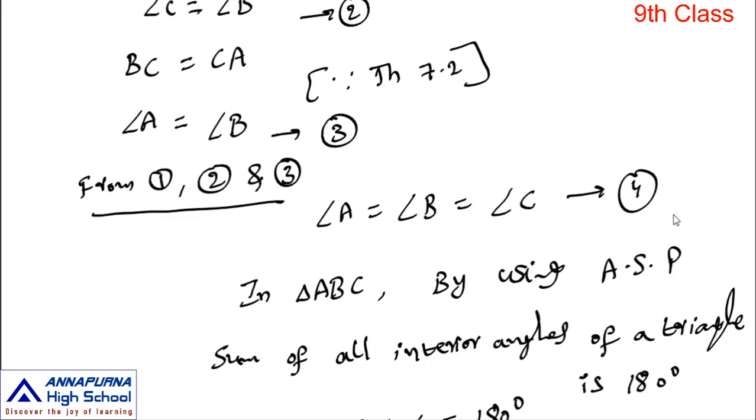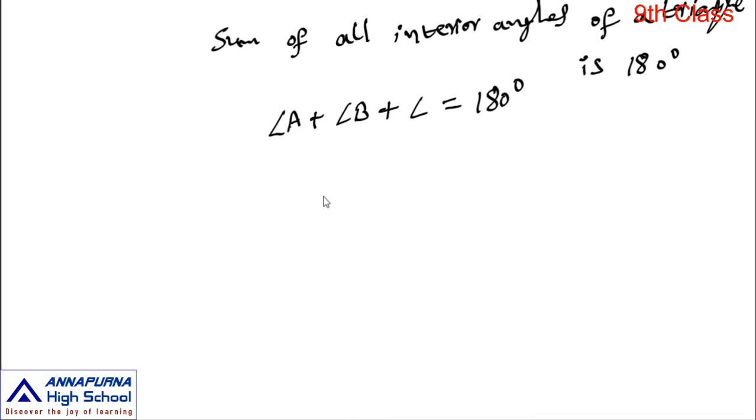From equation 4, angle A equal to angle B equal to angle C. So angle A plus angle B plus angle C is equal to 180 degrees.